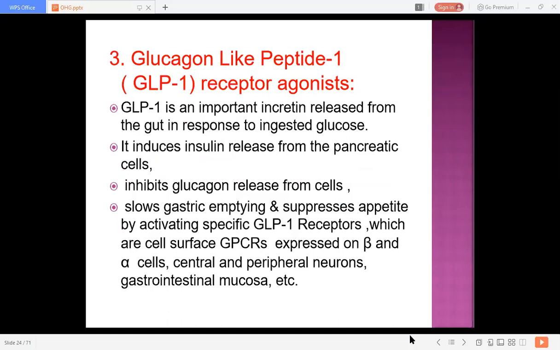Glucagon-like peptide, that is GLP-1 receptor agonists, and we also have DPP-4 inhibitors, which act as incretin-mimetics. Incretins are a group of metabolic hormones that stimulate a decrease in blood glucose levels.